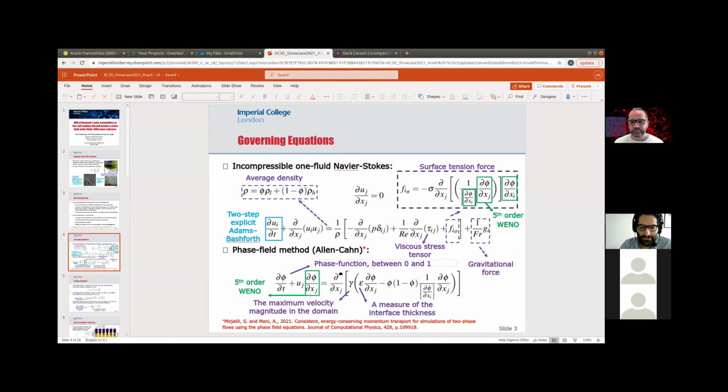So the interface is treated by the diffusion term on the right-hand side of this transport equation for the phase function. So it is not a sharp interface approach like VOF or level set. It is a diffuse interface, which is called the phase field approach. It has different formulations like Allen-Cahn or Cahn-Hilliard equations. We use this one because it has a second order diffusion term. It's easier to implement and handle.